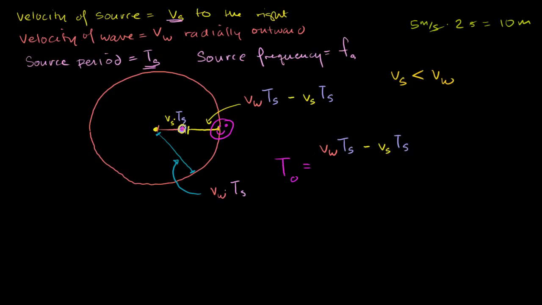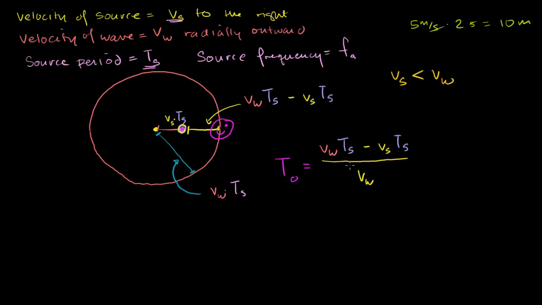So it's going to be the distance that the next pulse, the one getting emitted right at that moment, is going to travel, divided by the speed of the wave, which we know is v sub w. Now, this gives us the period of the observation.